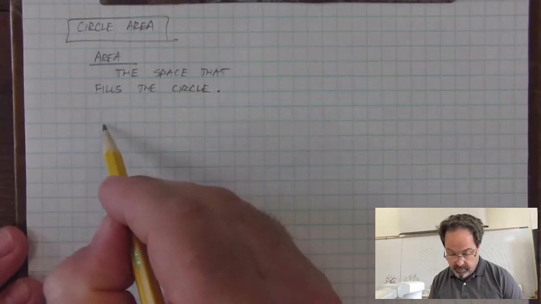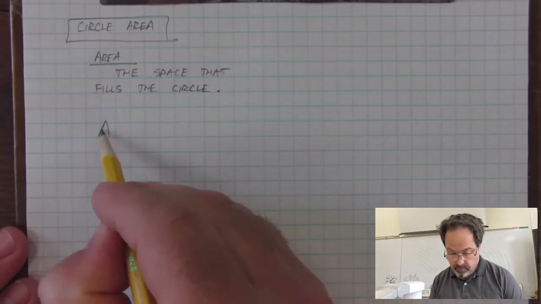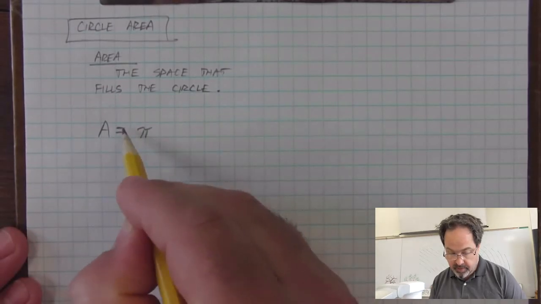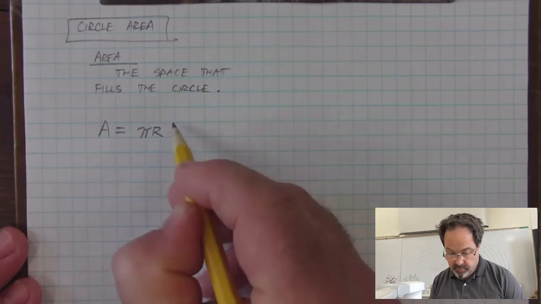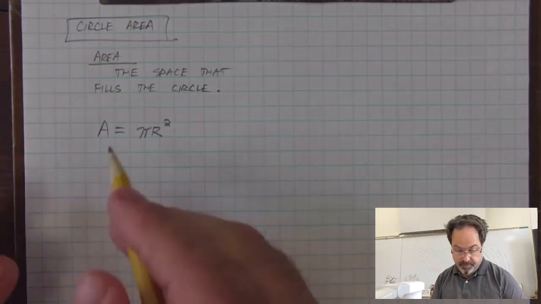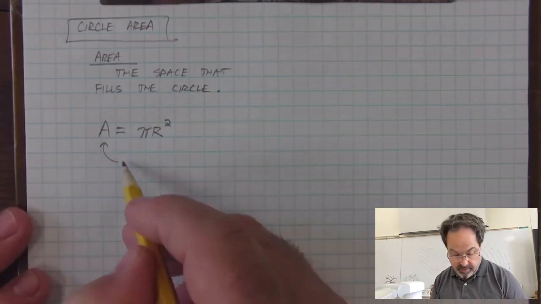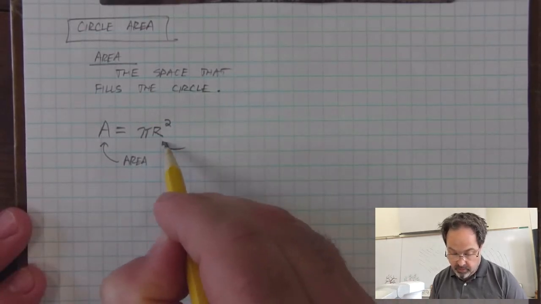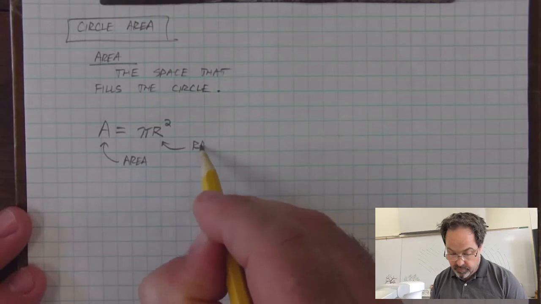And that formula is: the area is equal to the special number pi times the radius of the circle squared. You can point to this. A is for area, and the R is the circle's radius.